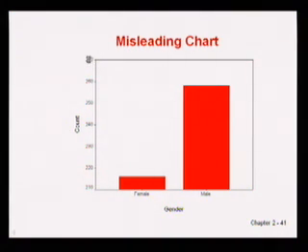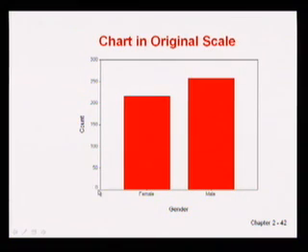If I use 0 as a reference point here, now the difference is not that big. But if you view it from a distance and don't read the scale, you'll be misled. So be careful when you're reading any of these charts. Of course, when you're making a chart, you also want to make an honest one and avoid possible error.